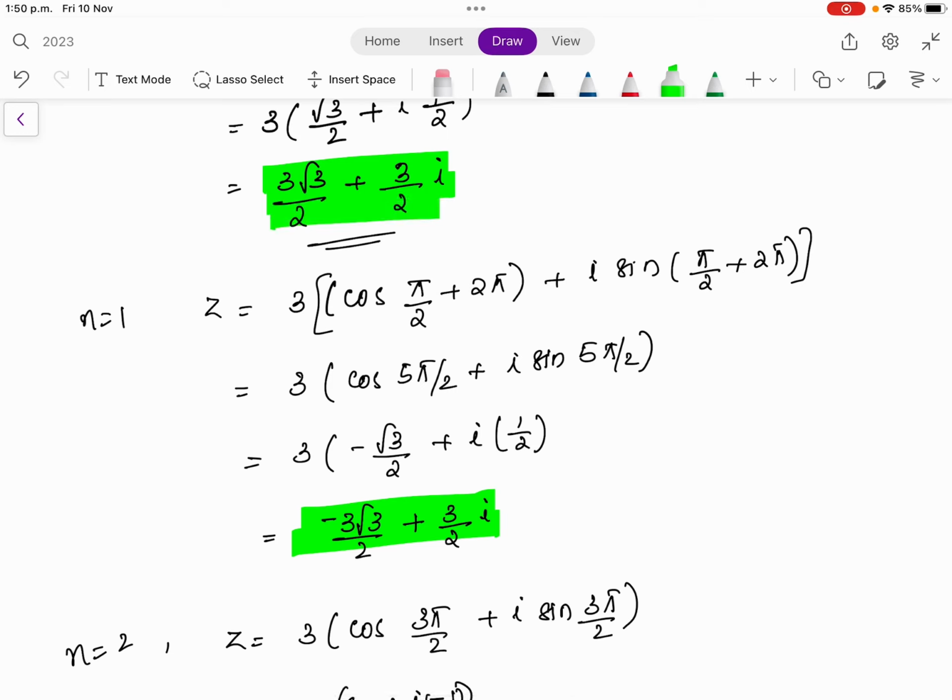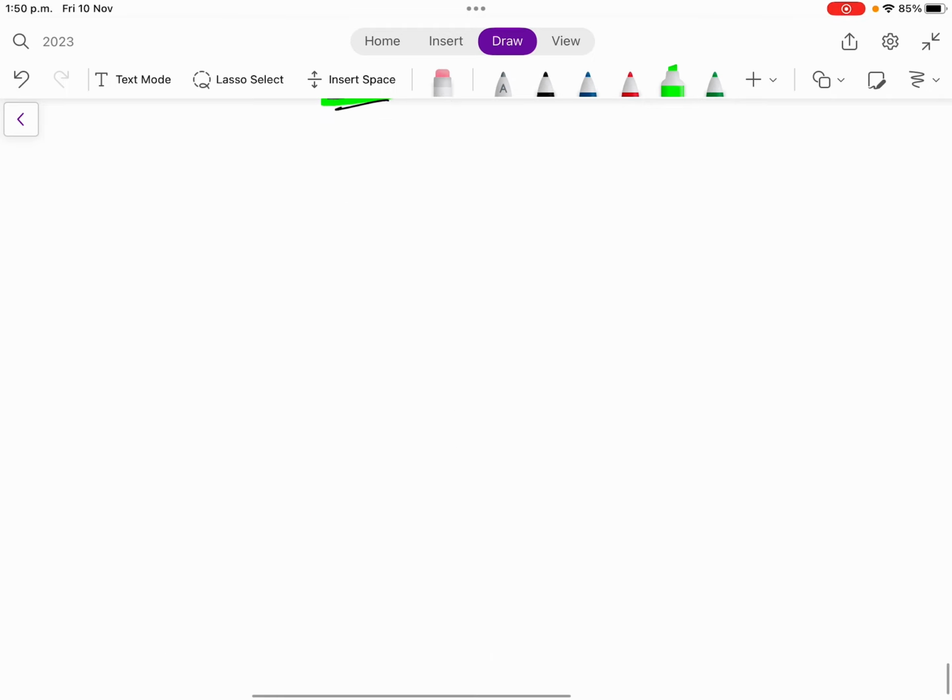Let's do one more question. Solve z squared is equal to 2 minus 2 root 3 i.